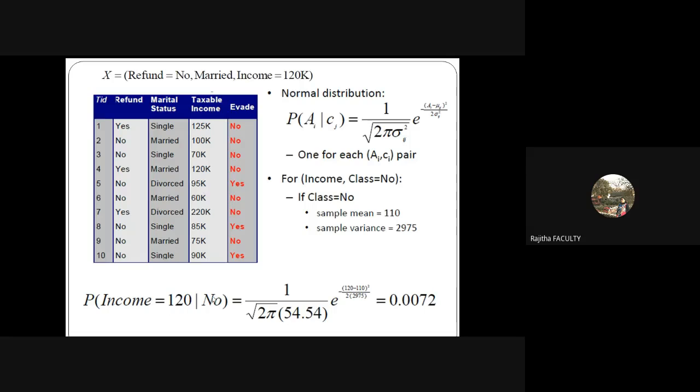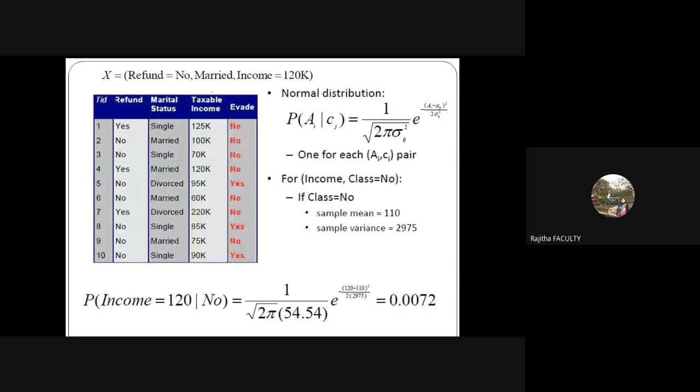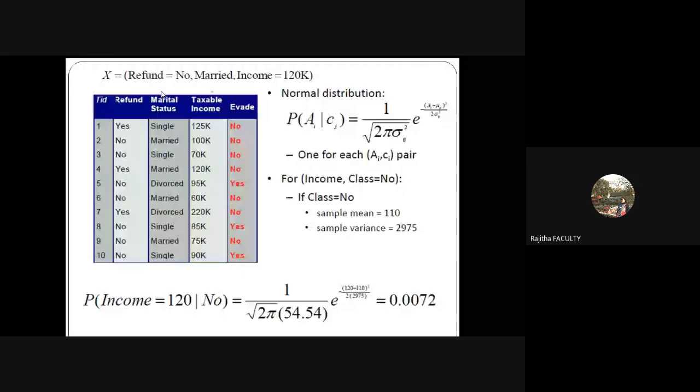So income 120 for the class no, similarly income 120 for the class yes. Based on this formula, you need to find its probability. So find the probability for refund, find the probability for this, find the probability for this, then find the probability for class yeses and no's respectively for numeric and non-numeric fields.